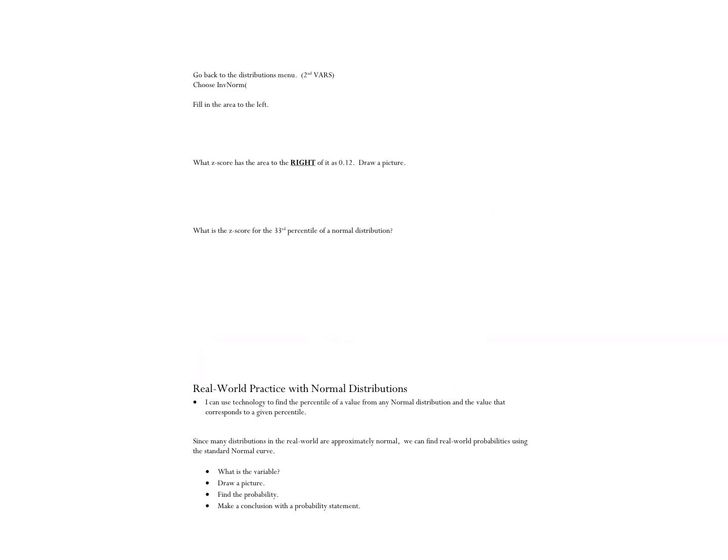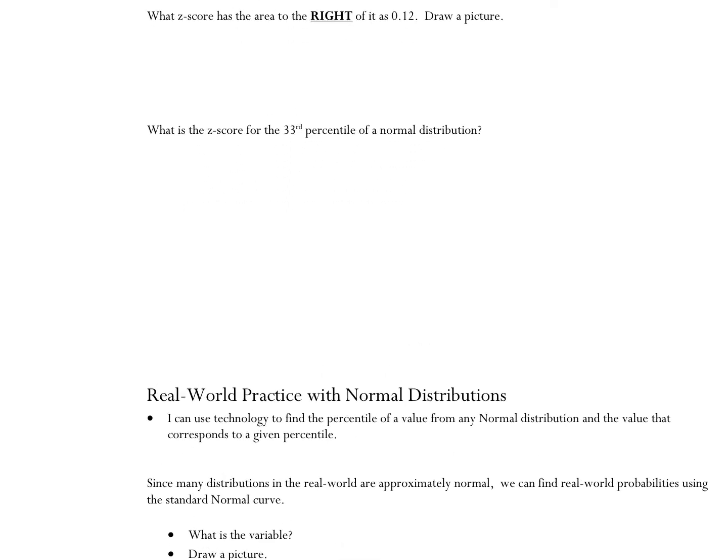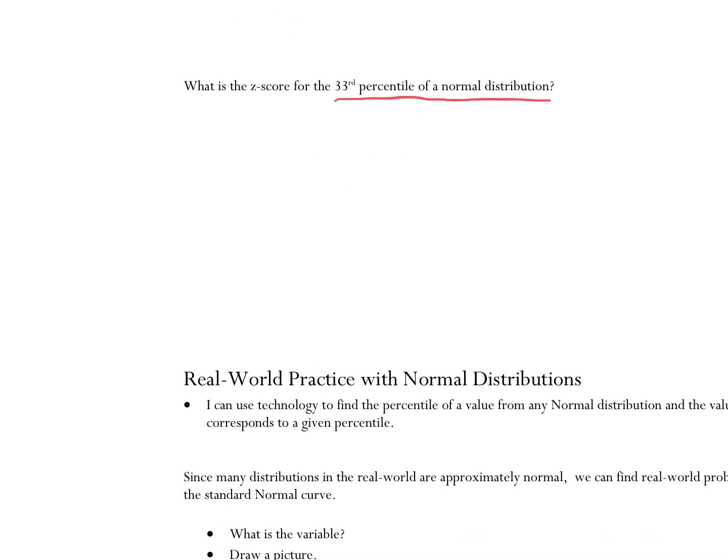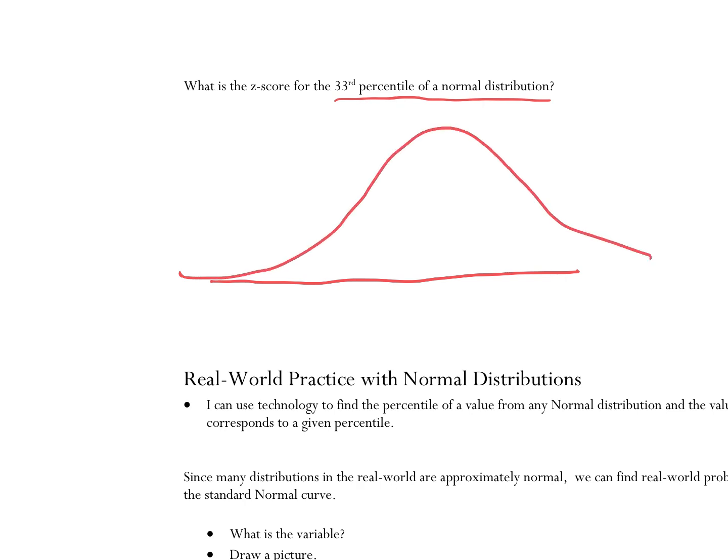So, let's use your calculator. Ta-da. If I ask you to find the z-score for the 33rd percentile of a normal distribution. Well, anytime I ask you to do anything in a normal distribution, the first thing I might do is draw a picture of it. Okay? And if it's a z-score, the z-scores always have a mean of 0 and a standard deviation of 1.